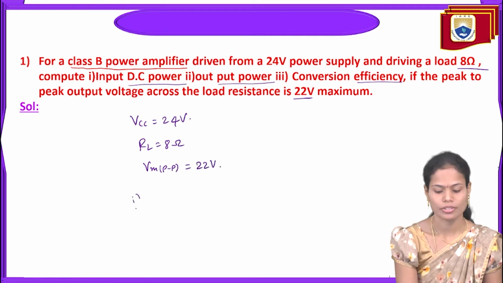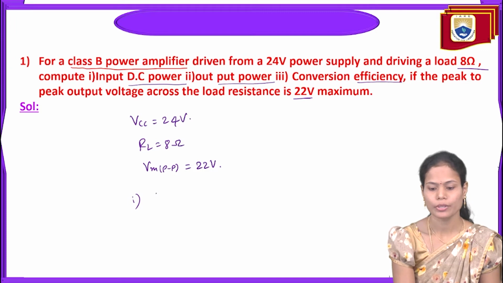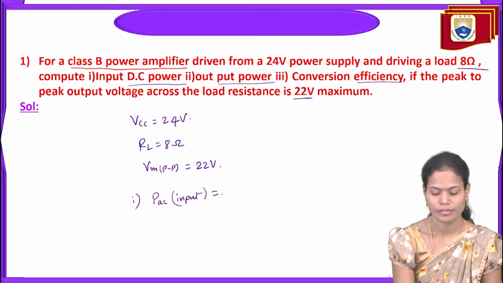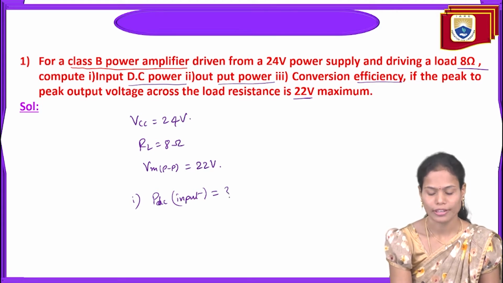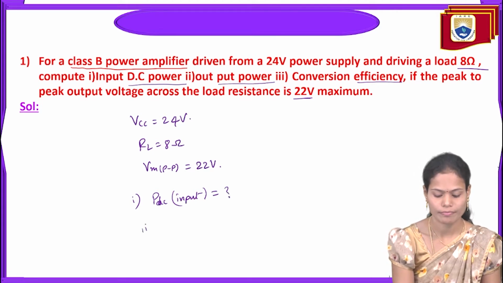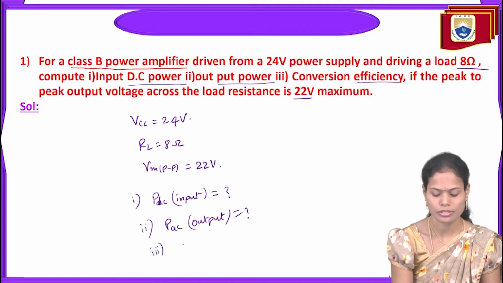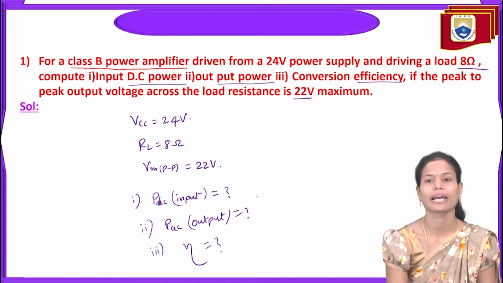From this we need to calculate the DC input power, PDC input, as well as the AC output power, PAC output, and also the efficiency of this power amplifier circuit.